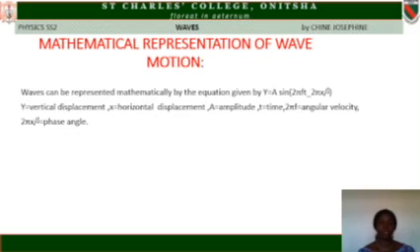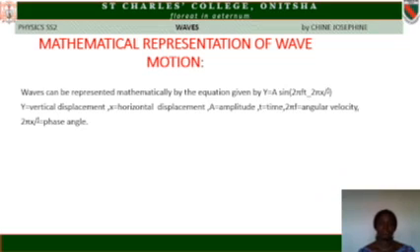Then let's go to mathematical representation of wave motion. So wave motion can be represented mathematically by the equation given by y equals A sine bracket 2 pi ft minus 2 pi x over lambda.